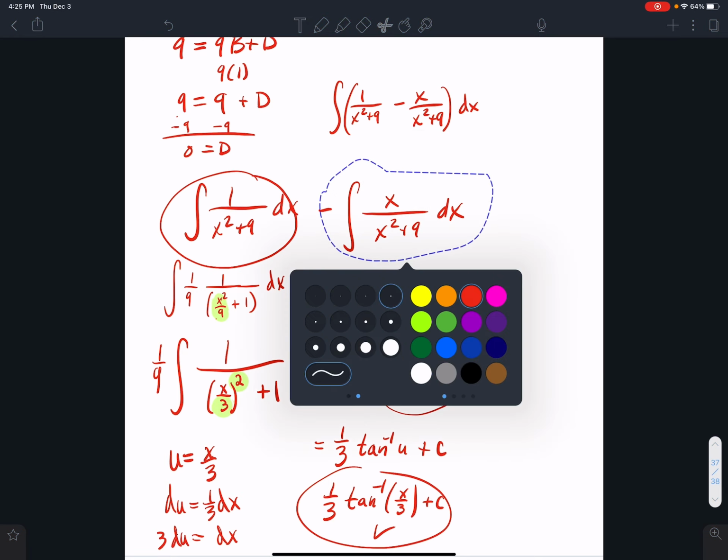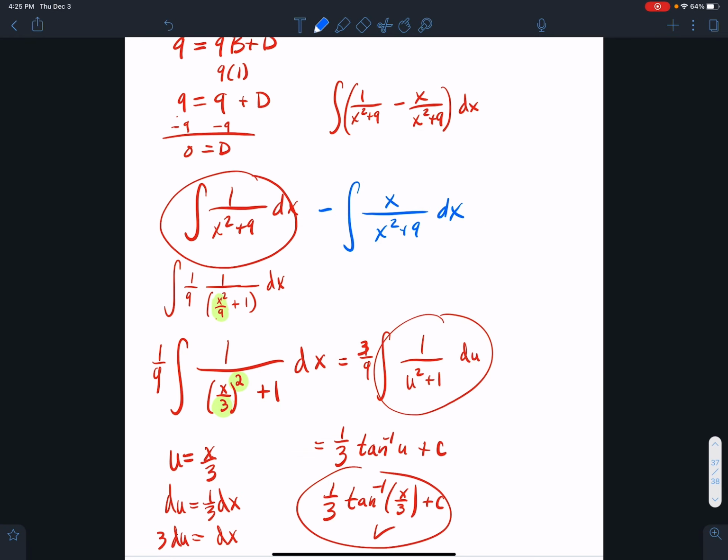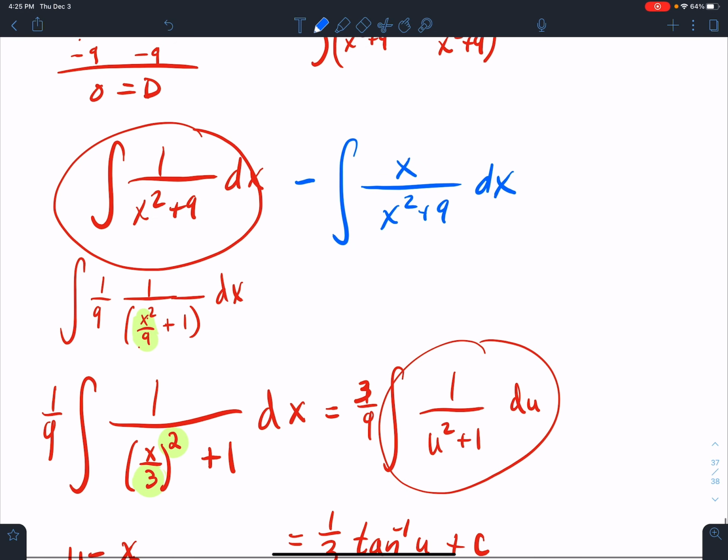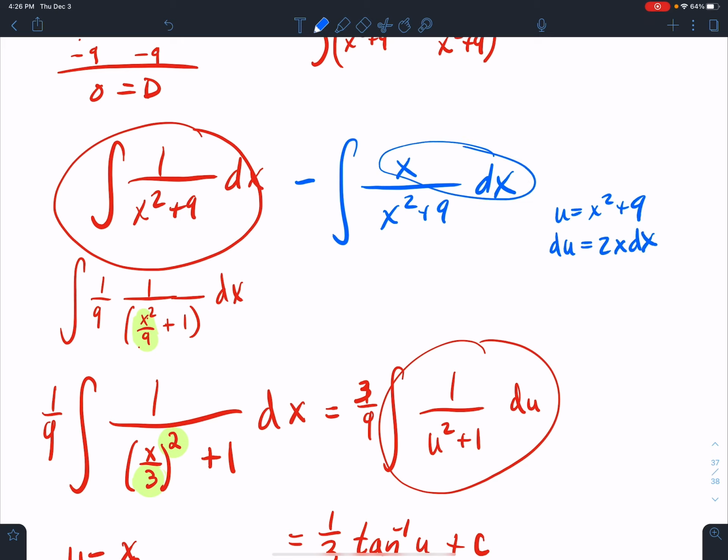The second part here, this looks like the power in the numerator is 1 less than the denominator, so I'm thinking u sub. u equals x squared plus 9, du is 2x dx. I don't have a 2x dx, but I have an x dx, so I'm going to divide by 2 on both sides. So 1/2 du is x dx. That's going to give me negative integral 1 over u, and then 1/2 du.